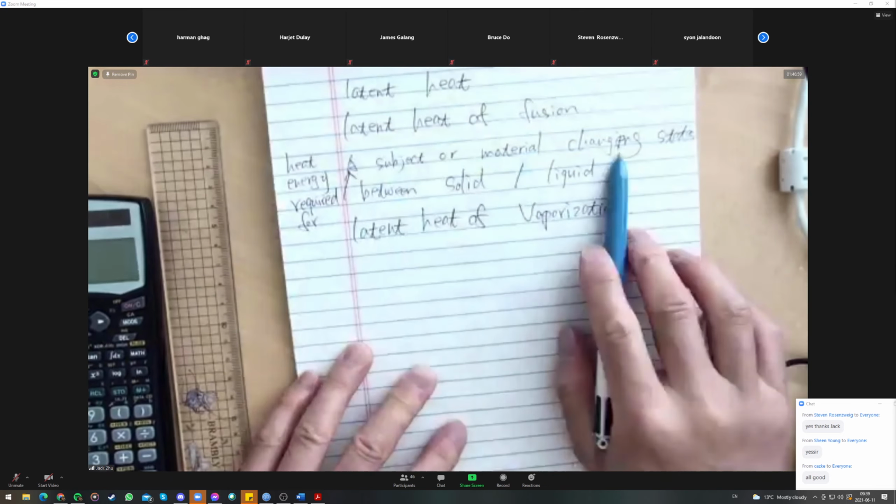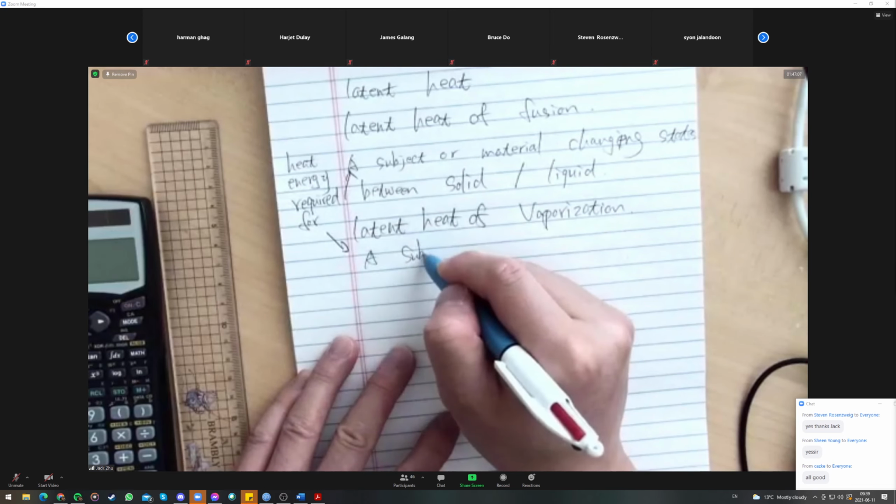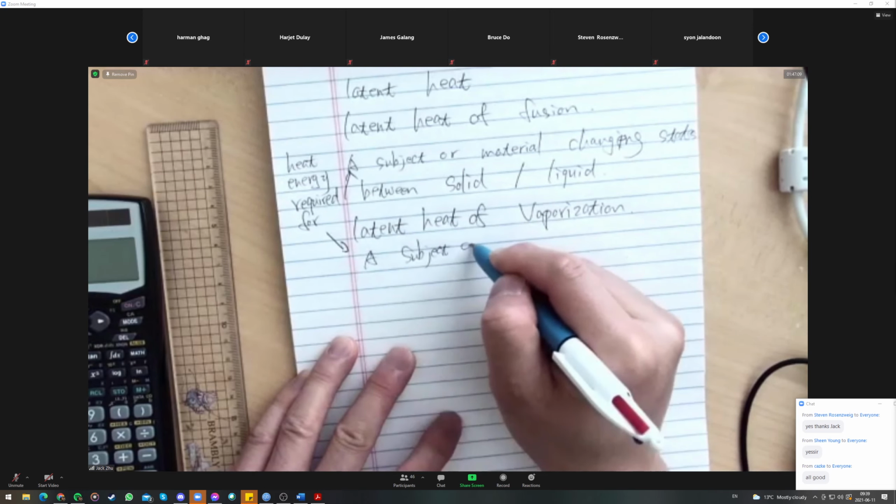This one, the latent heat of vaporization, is the heat energy required for a subject or material changing states between liquid and gas.